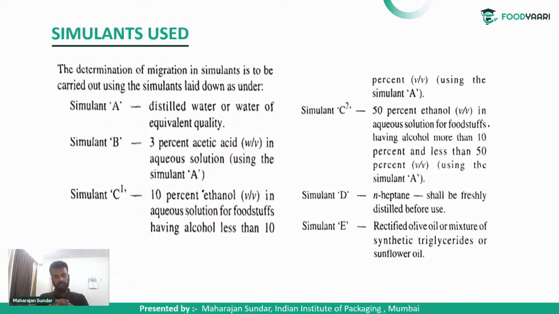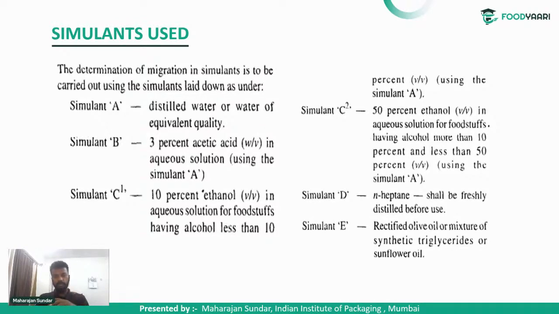For the flexible packaging technique, we have to take a sample of 125 by 200 and we will take the simulant which is listed here. Simulant A is distilled water, and simulant B is 3% acetic acid in aqueous solution of distilled water. Simulant C1 is 10% ethanol, and simulant C2 is 50% ethanol in aqueous solutions. Simulant D is n-heptane.